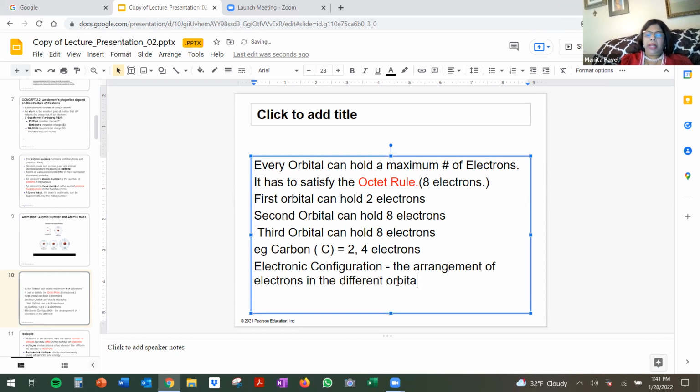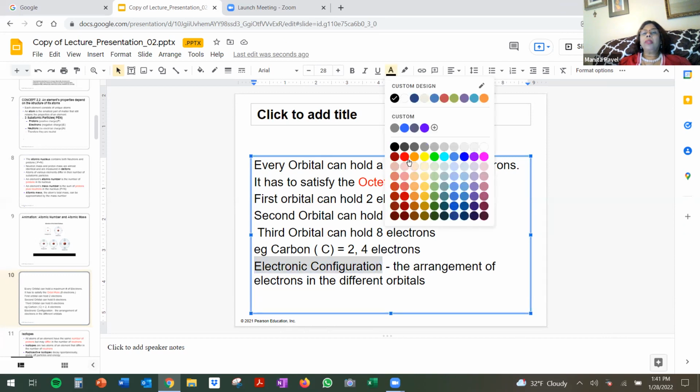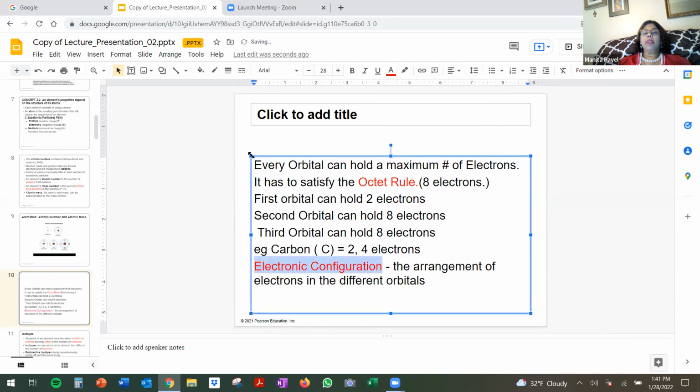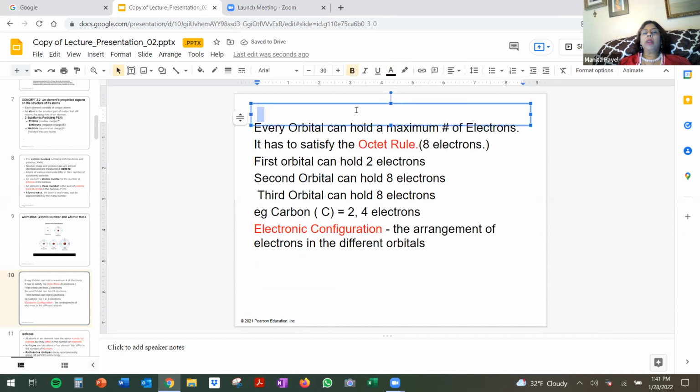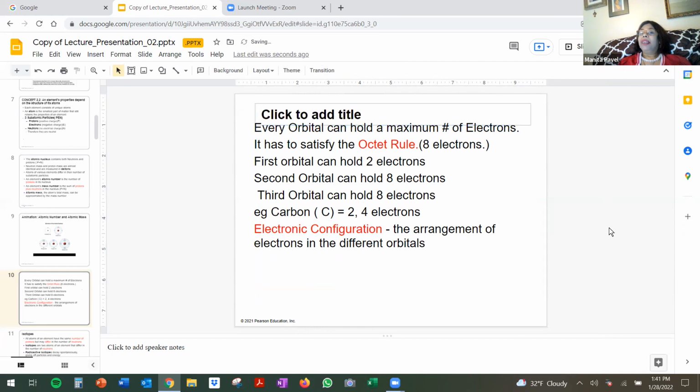You never find electrons in the nucleus. And so it is very important to understand electron configuration, as we use it for placing electrons.